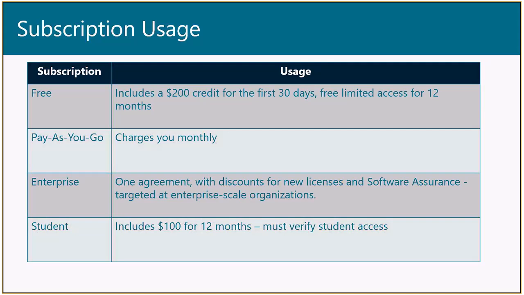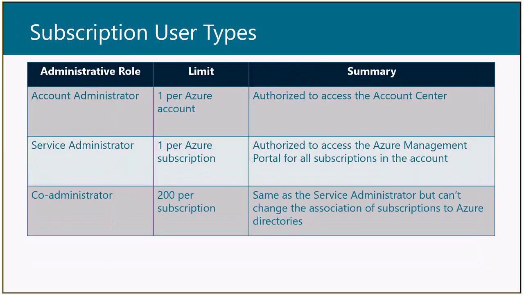Also, you have enterprise: one agreement with discount for new license and software assurance targeted at enterprise scale organizations. Of course, enterprise will be the most expensive. And if you're a student at any college, it can include $100 for 12 months and you must verify student access. You must belong to a college, university, or high school.